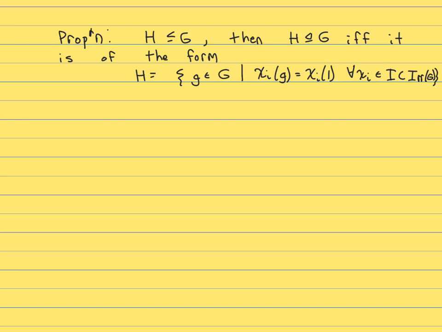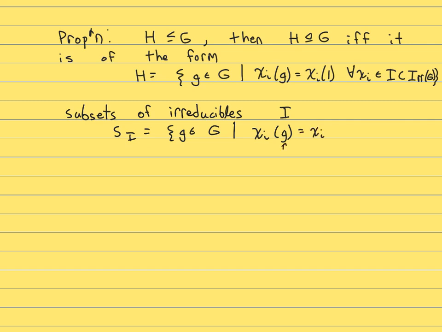Another way is to take subsets of irreducible characters and generate this set S_I to be those group elements with the feature that the character value of each irreducible character on that group element is the dimension of that character. This subset is not necessarily a subgroup.